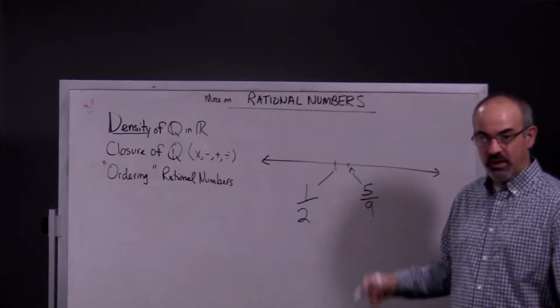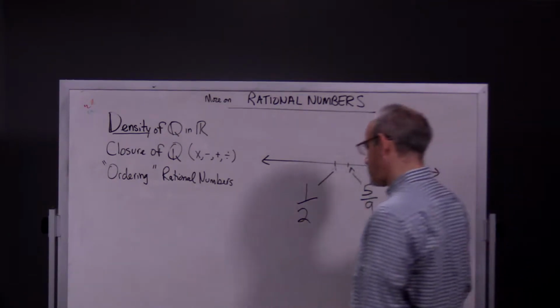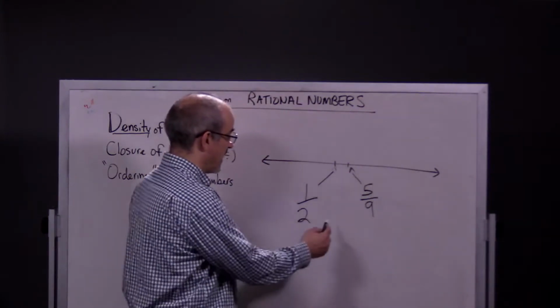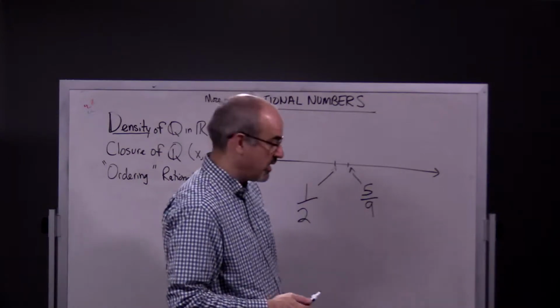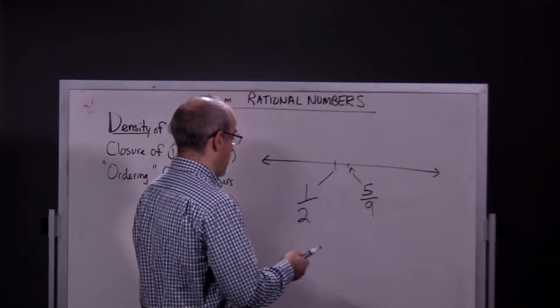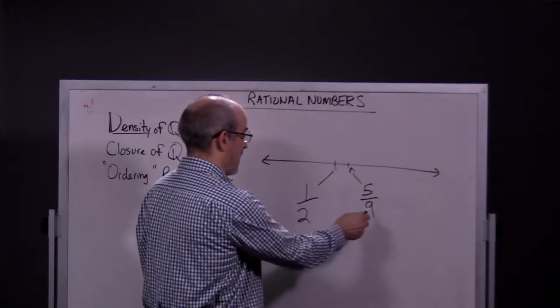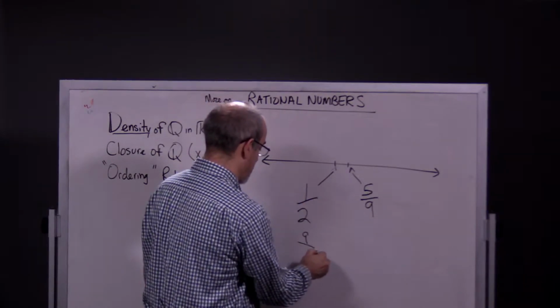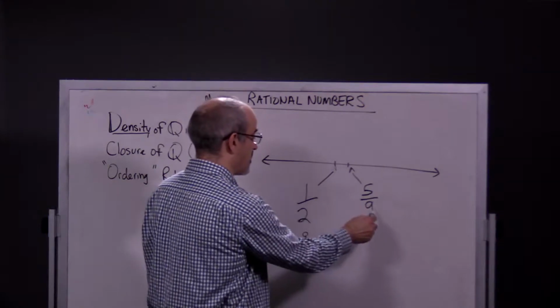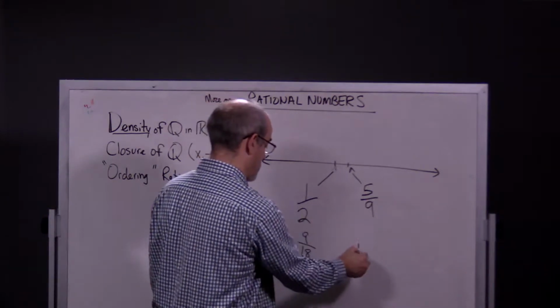How do you find it? Well, that's a good question. What you try to do is get the two denominators to be the same. So one thing you can always do is just multiply this one by that. So I can multiply this one by 9/9. This one by 2/2.